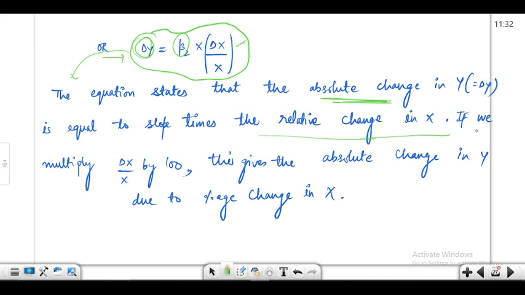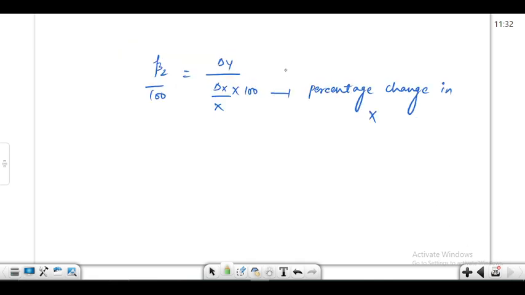If we multiply delta x upon x by 100, this gives the absolute change in y due to a percentage change in x. So if I multiply both the denominators of both the sides by 100, this becomes beta 2 upon 100, and this becomes delta y upon delta x upon x into 100. This thing is representing your percentage change in x.